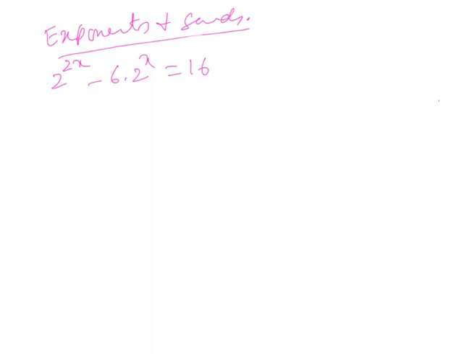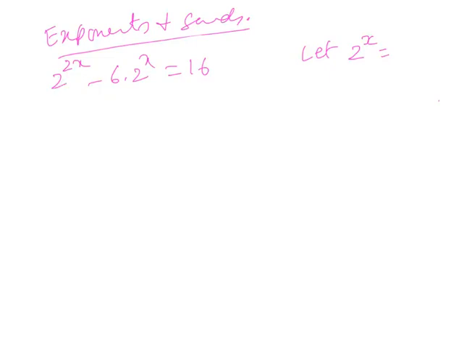It looks like an exponent question. Now to solve this, one of the methods I would recommend is the substitution method. This is a quadratic in 2 to the power of x. As you can see, the square of 2 to the power of x is 2 to the power of 2x.